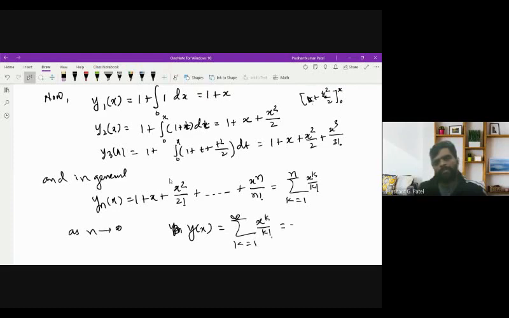That is exactly e power x. So this is the approximate solution for the given differential equation, or I can say this is the partial sum of the power series of e power x that we have.